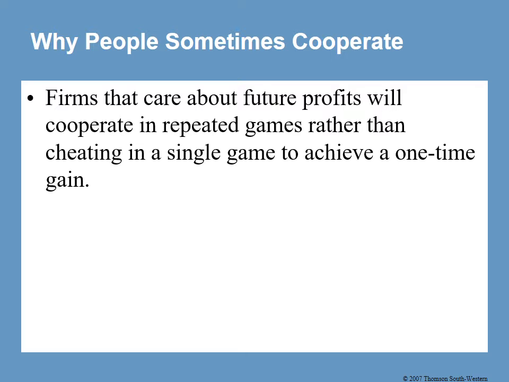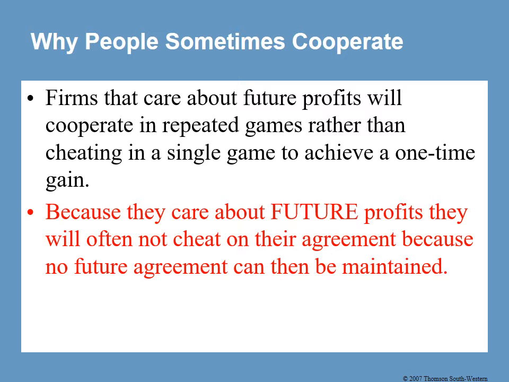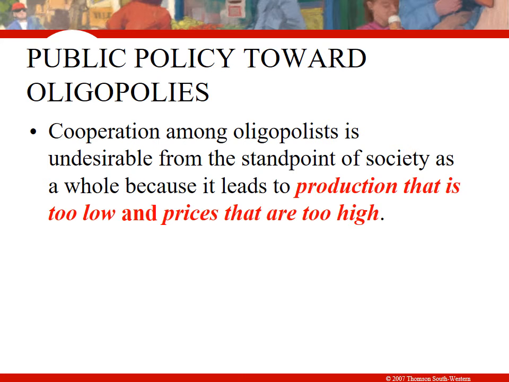So self-interest becomes more prevalent. Because they care about future profits, they will often not cheat on their agreement because no future agreement can be maintained. Right? If you break your word and if you cheat on something once, I'm not going to trust you again in the future, and then we're both down profit that we could have if we did work together.